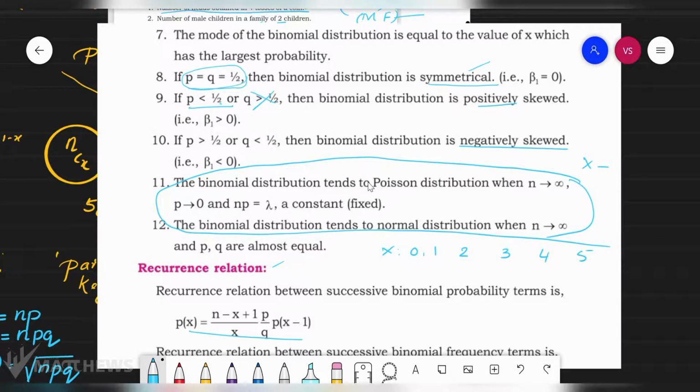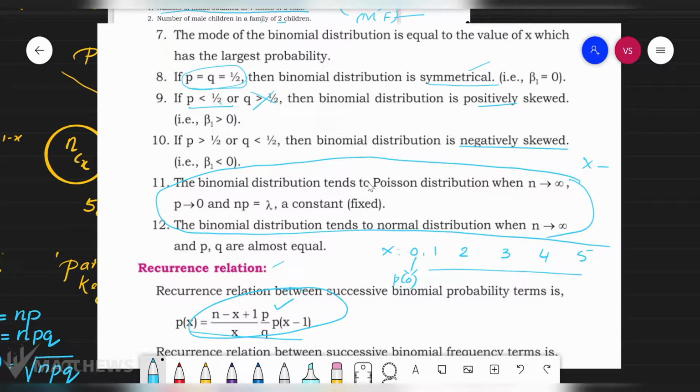If we find the first probability P of 0, then we can find all these probabilities successively using this relation. Instead of using the probability mass function, you can use this function, and successively find all the probabilities here, students.